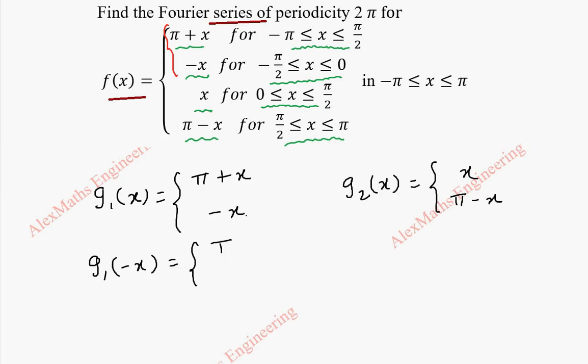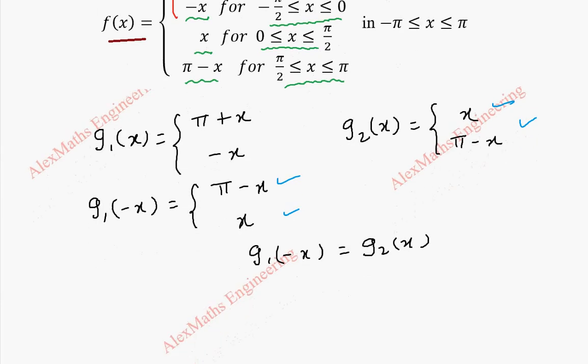So the first term becomes pi minus x, and there is already a minus here, so it becomes plus, and exactly we are getting pi minus x and x here. So when I take g1 of minus x, I am getting g2 of x. It means f of x is an even function. So we found f of x is an even function.